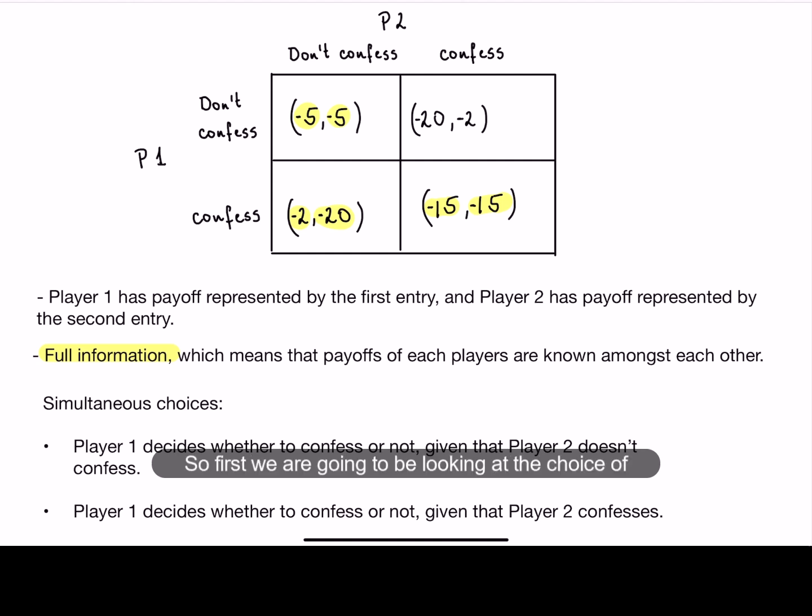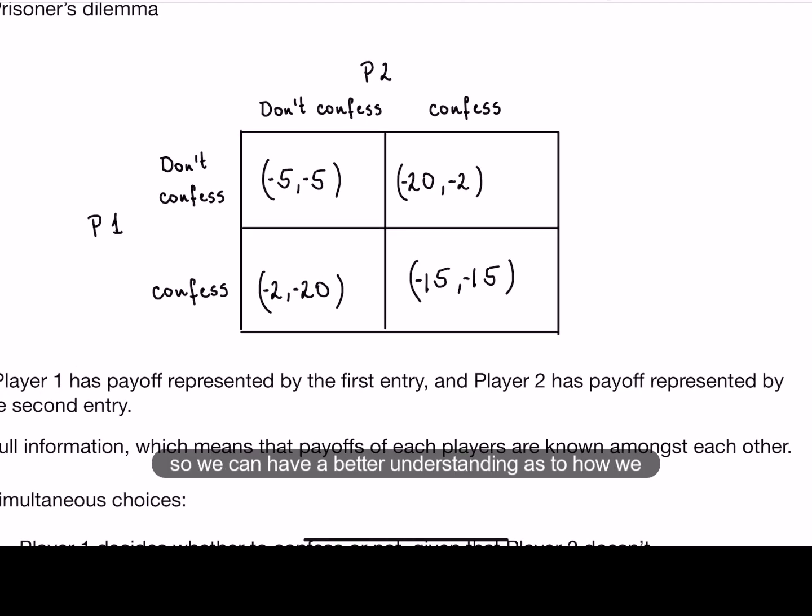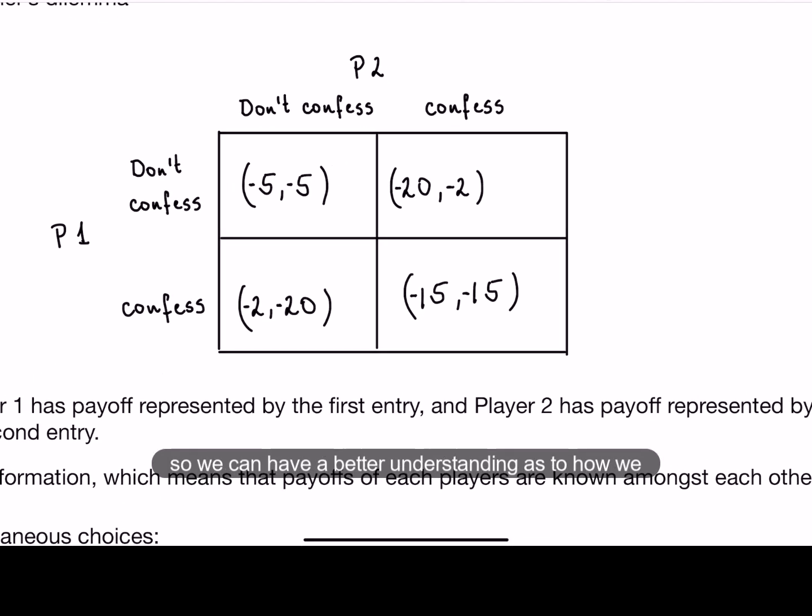Okay, so first, we are going to be looking at the choice of player 1. Now, let's do it slowly so we can have a better understanding as to how we should go about analyzing this game theory. So when player 1 makes a decision, player 1 considers all the possible types of actions of player 2.